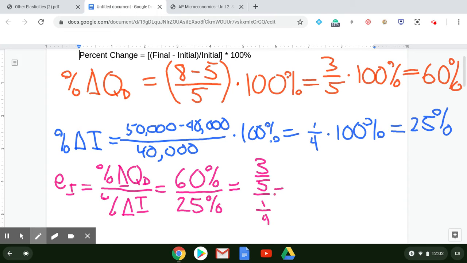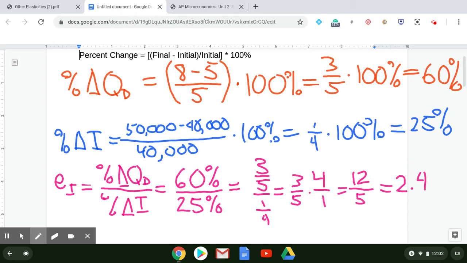We keep it, change it, flip it. So 3/5, we keep that. We change the sign to times. And we flip the 1/4 to a 4/1. And that gives me 3 times 4, which is 12, over 5 times 1, which is 5. 5 goes into 10 twice, so 10 over 5 is 2.